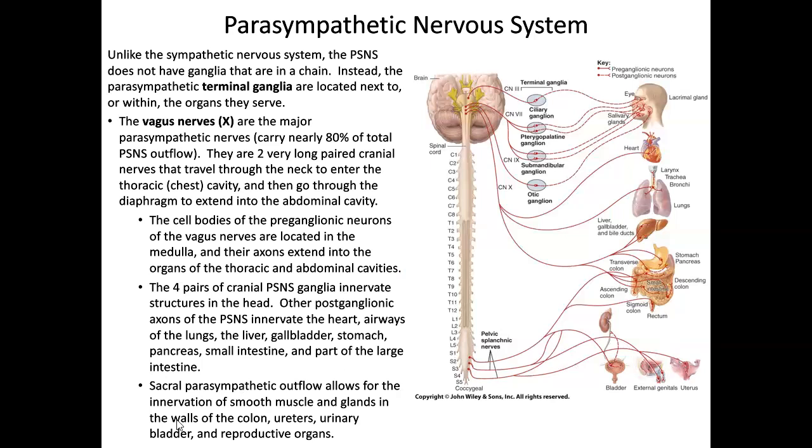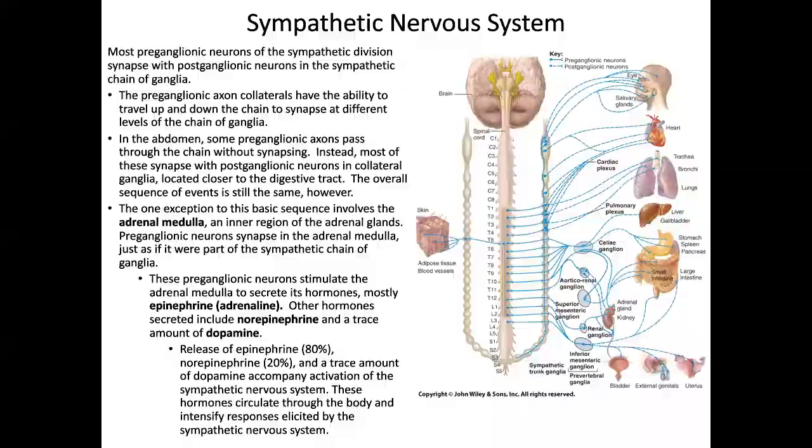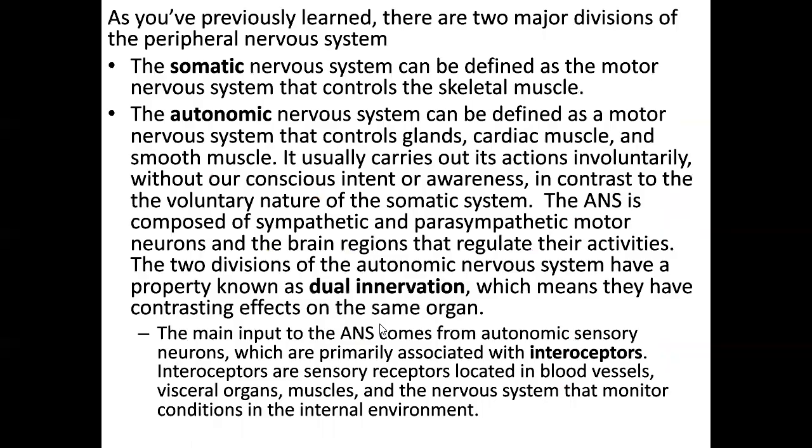Along with other structures like the colon, which is down there as well, but just not shown. I guess it is right there. So once again, demonstrating the craniosacral division as opposed to the thoracolumbar.